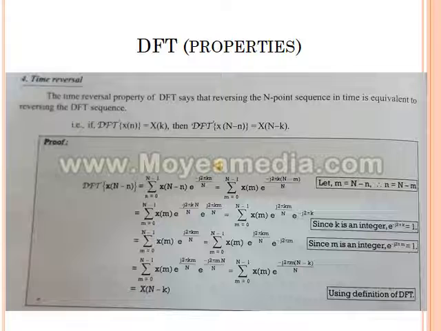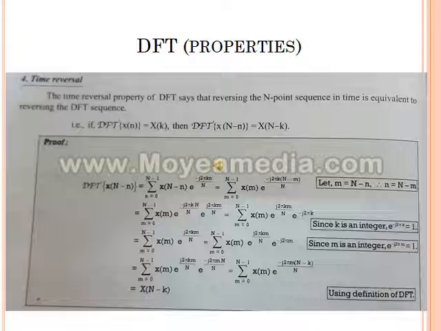What the time reversal property states is that reversing the N point sequence in time is equivalent to reversing the DFT sequence. When we reverse the sequence in the time domain by n, the resultant DFT will also be reversed in the same way. So consider the DFT of x of capital N minus n.